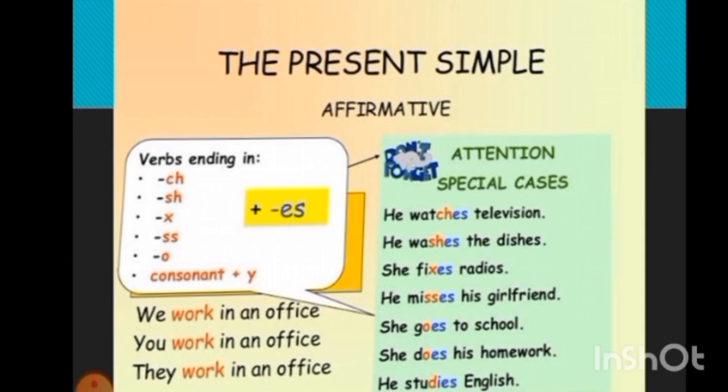Like in the green box, attention, special cases. He watch, you can see ch. Here we will just add es with it, and the word changes into he watches TV.